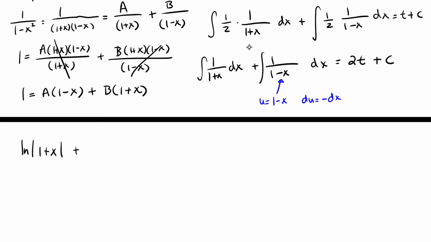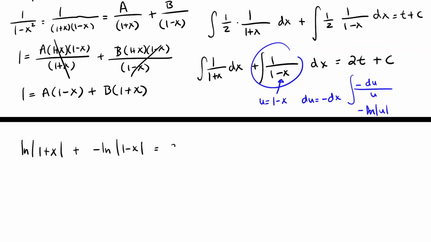Now our term is positive, so we're really working with negative du over u as we integrate it, and that will give us a negative natural log absolute value of u. So we'll say minus ln absolute value of 1 minus x. Now we'll find properties of logarithms useful. If logarithms of the same base, and these are both base e, are being subtracted, they can combine into a single logarithm where you divide the inputs.